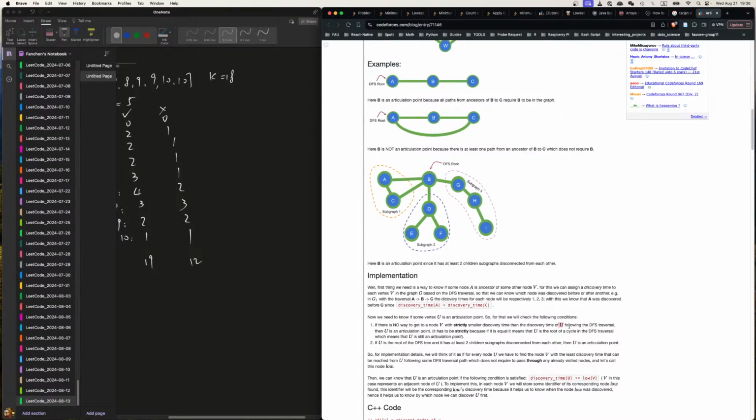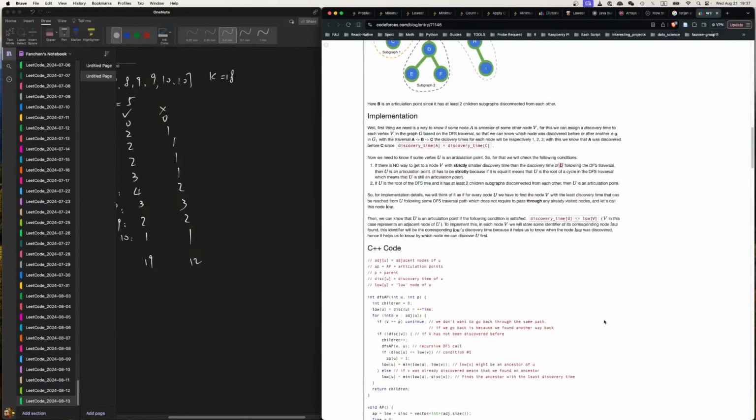Low? I don't know what adjacent node means.